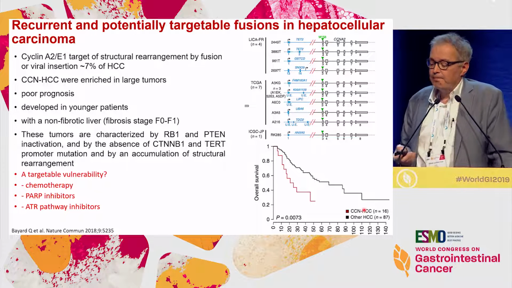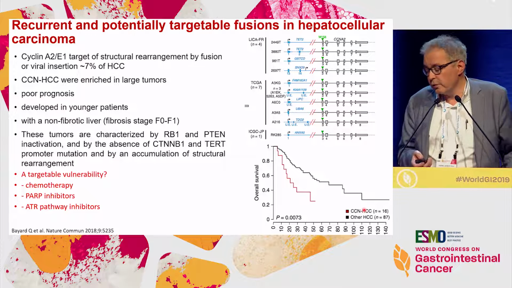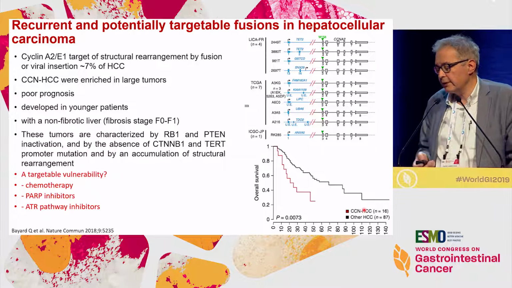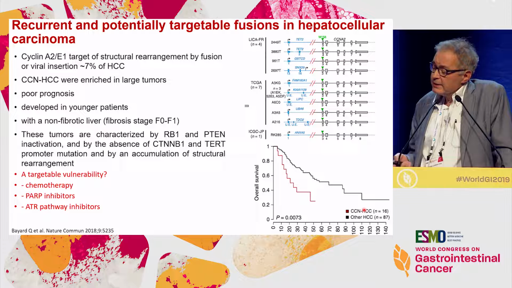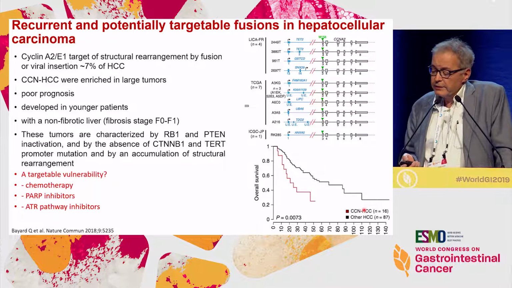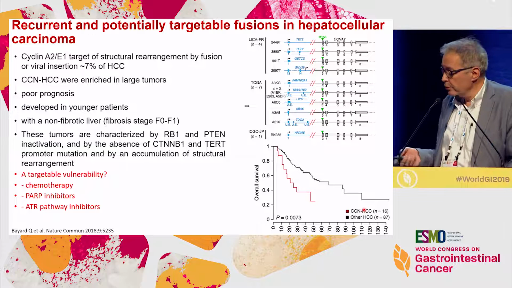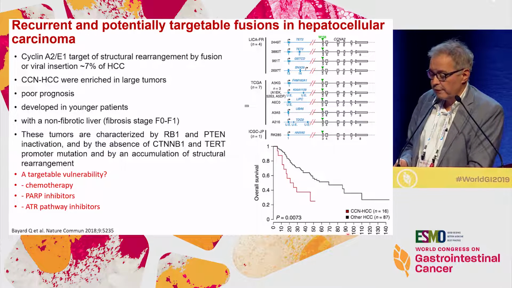These two genes can be activated either by translocation or by viral insertion, HBV or adenovirus insertion. This type of tumor is also associated with hyperproliferative tumors with poor prognosis, as you can see here in the survival curves.